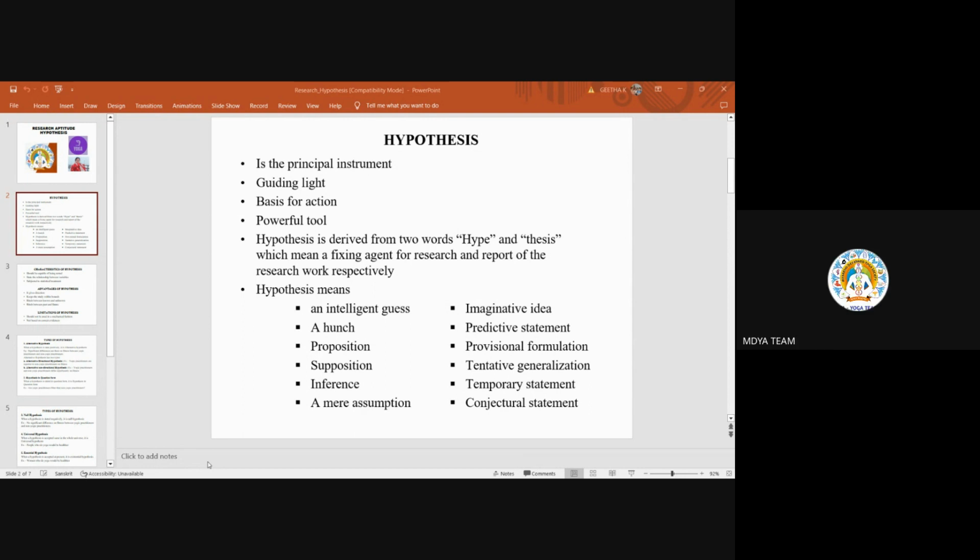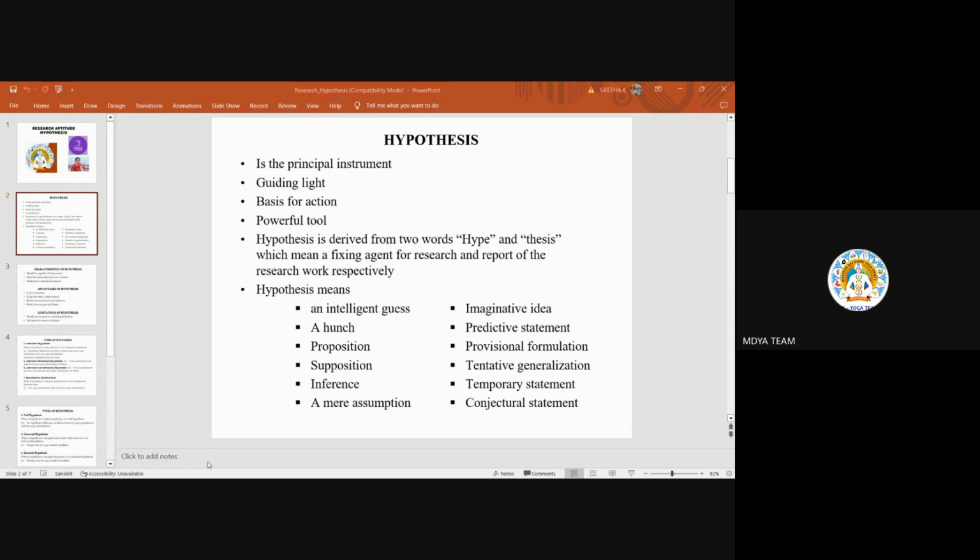That is why they say it's a principal instrument and a guiding light. Which is practically possible only, we have to guess. And this is the basis for the action. These words are very important. And this is a powerful tool.